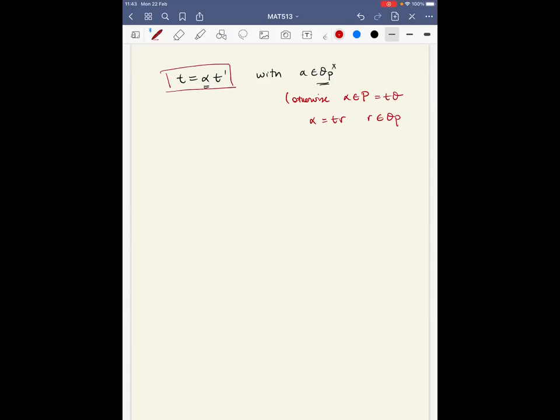Then, if we write t as alpha times t prime, and if we replace alpha by t r, we get t times t prime r. But this is impossible because in this case we see that t prime is a unit. But a prime element cannot be a unit. So this alpha is a unit.